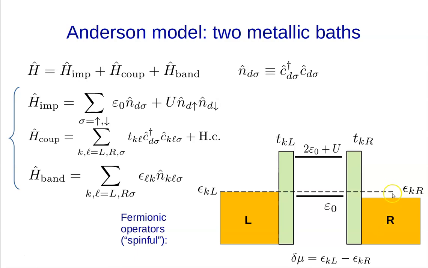So the chemical potential is essentially an overall constant value that I add or subtract to all the levels. Okay. So essentially, I'm shifting the energies. The electrons at the Fermi energy for the right are slightly below those on the left, and this difference I'm calling delta mu, a difference in chemical potential, and that's going to be our small parameter in linear response when we do it later.